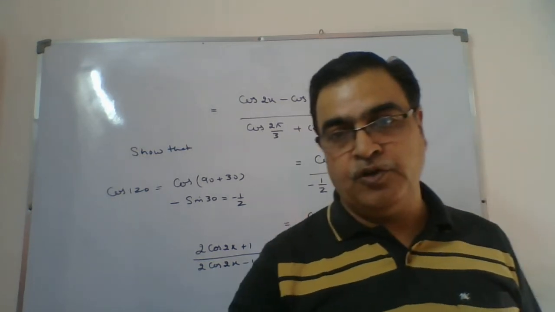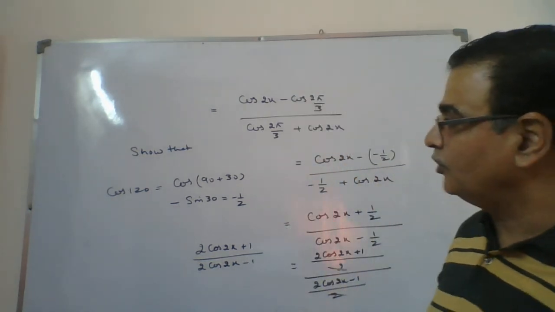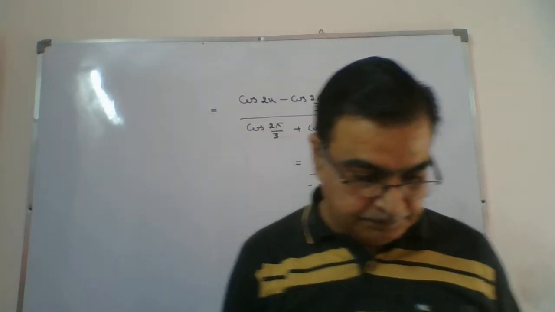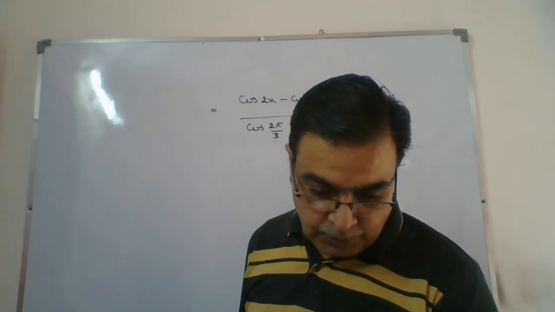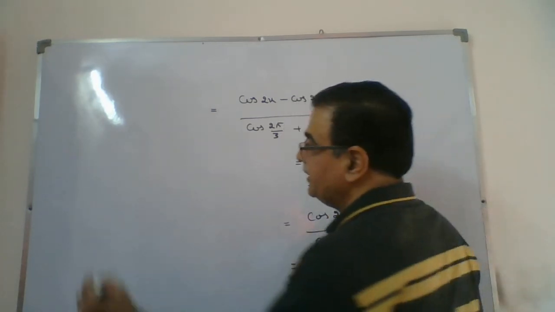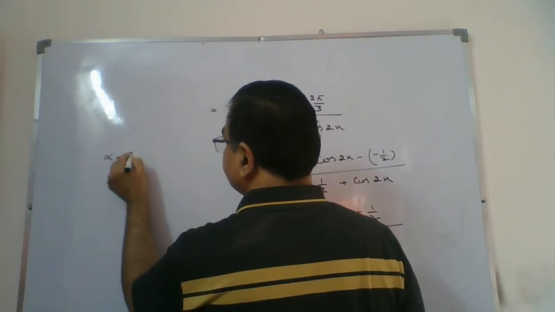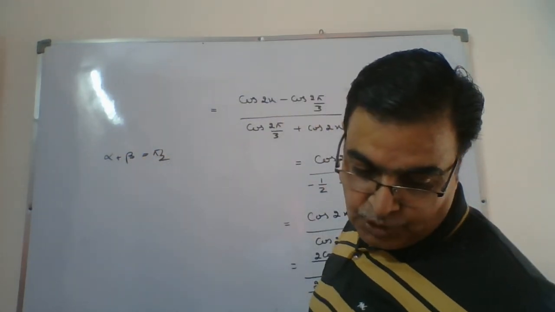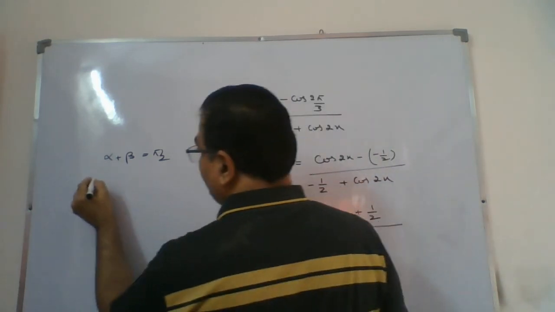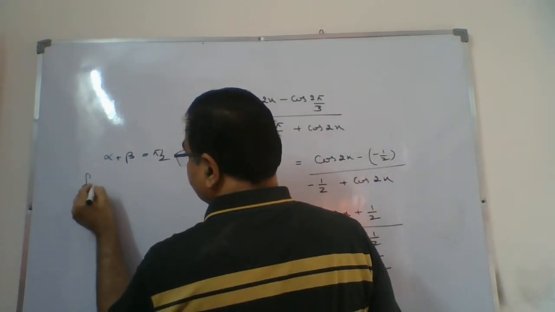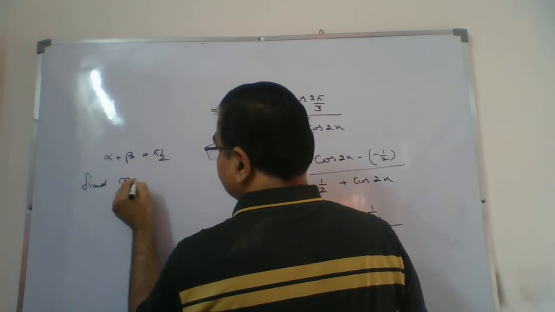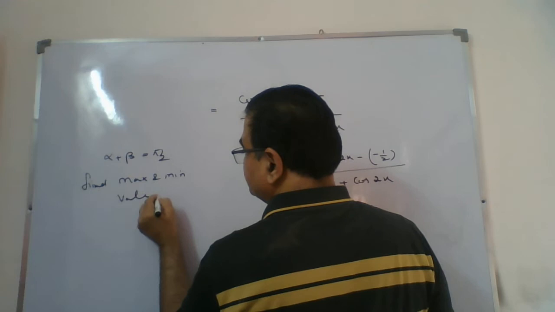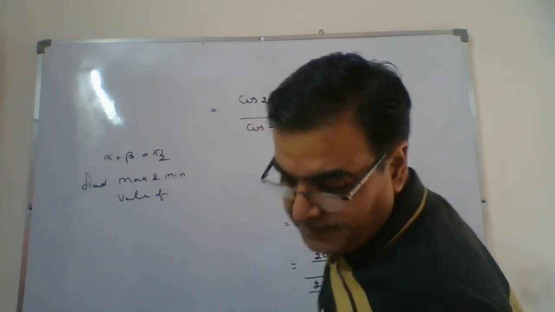One more question now of this exercise. We'll complete that also. Now that question says if alpha plus beta is 5π/2, then find the maximum and minimum value of cos alpha cos beta.